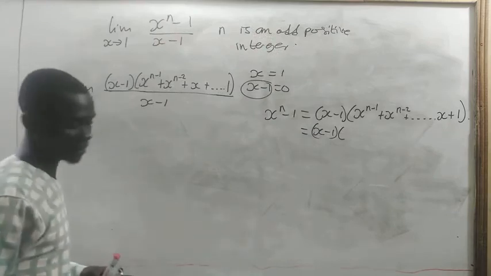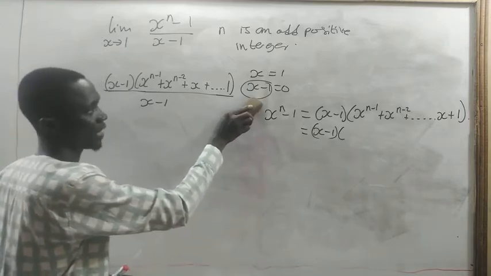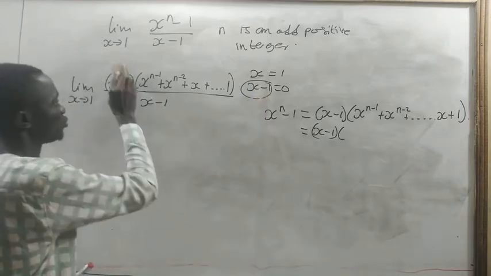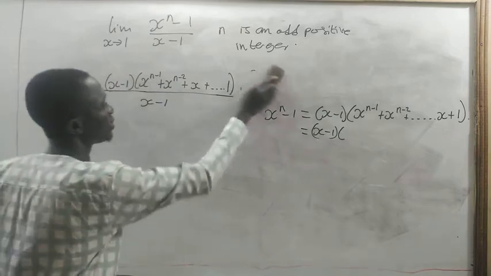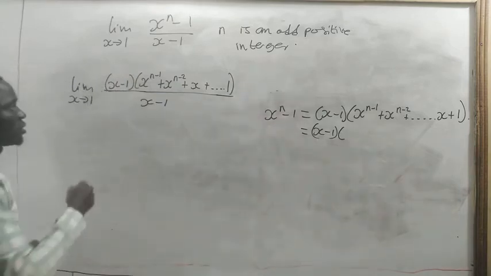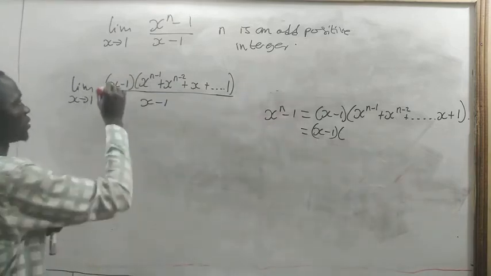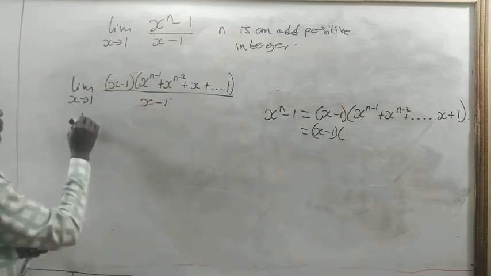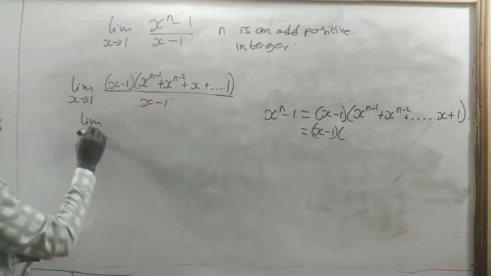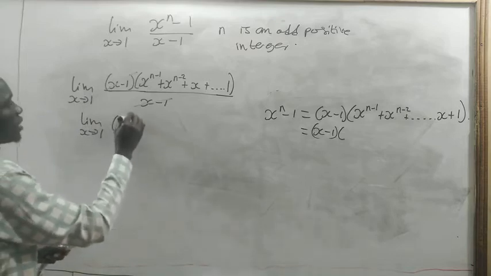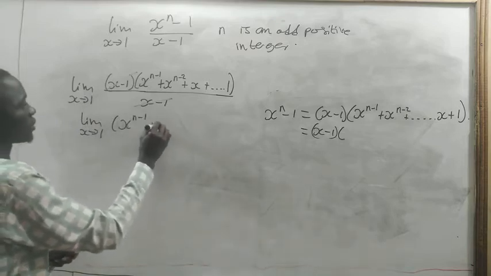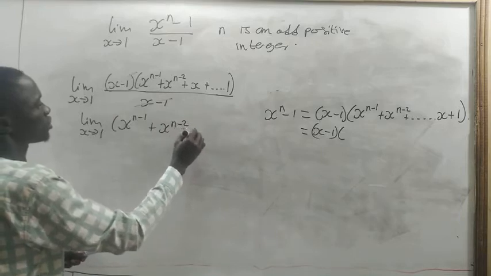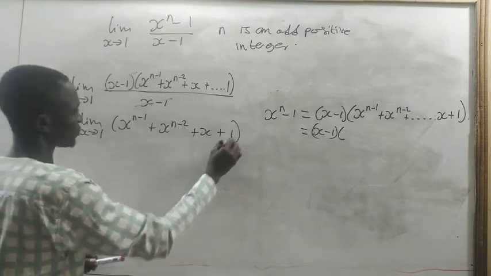So now we have the common factor x minus 1 in both the numerator and the denominator. Let's cancel that out, and you'll be left with the limit as x approaches 1 of x to the power n minus 1 plus x to the power n minus 2 plus up to x plus 1.